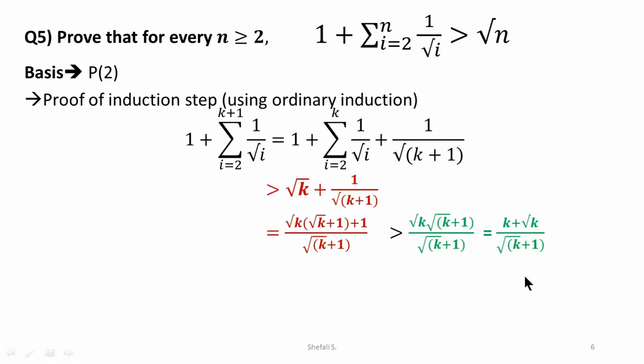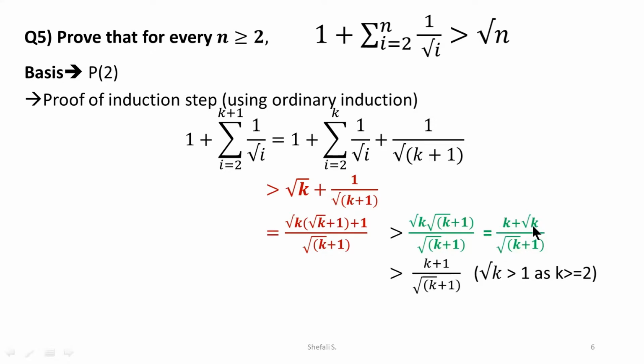Once you do the simplification, I can continue the relation further, which is greater than the square root of k plus 1. So why did I dare to do this? Because as I said, root k is always greater than 1. So instead of root k, I used the term 1 here.